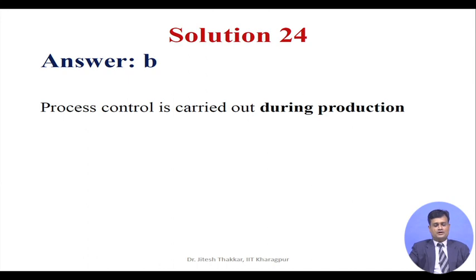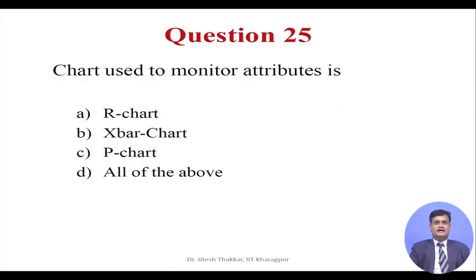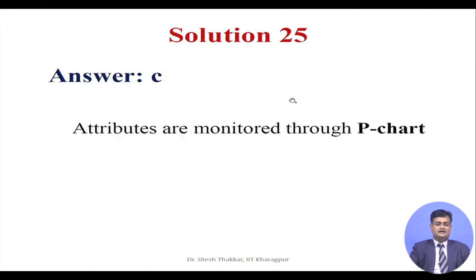Now, let us have the final question, question number 25 in the assignment number 8. The question is, chart used to monitor attributes is R chart, X bar chart, P chart, all of the above, and the correct answer is C, attributes are monitored through P chart.